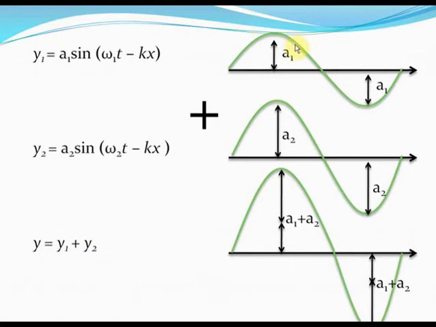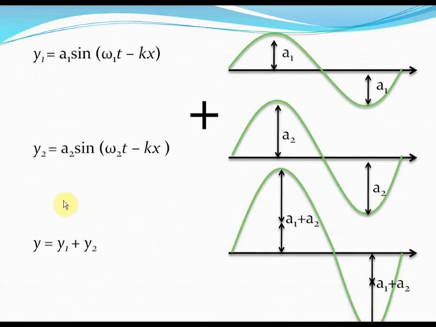But you have to be careful if one of the waves is traveling in a completely different axis or at an angle to the x-axis. For example, if this wave was traveling along the z-axis, that is the axis that is protruding towards you from the computer screen, and this wave was traveling in the x-axis as it is right now, then you wouldn't be able to write y equal to y1 plus y2. In that case, you would write y vector equal to y1 vector plus y2 vector.